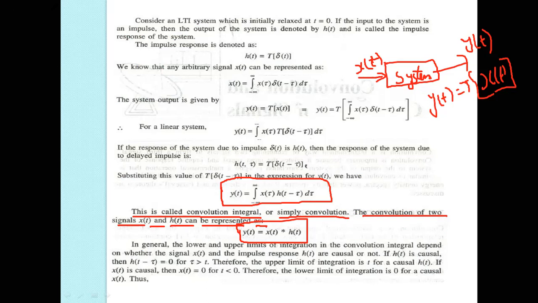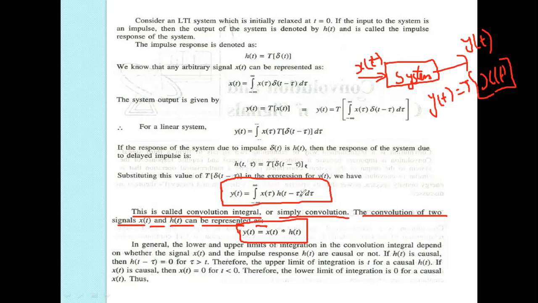Following, my dear students. There is a very important derivation to find the output response with the input signal x of tau and the delayed version of the impulse response with tau.